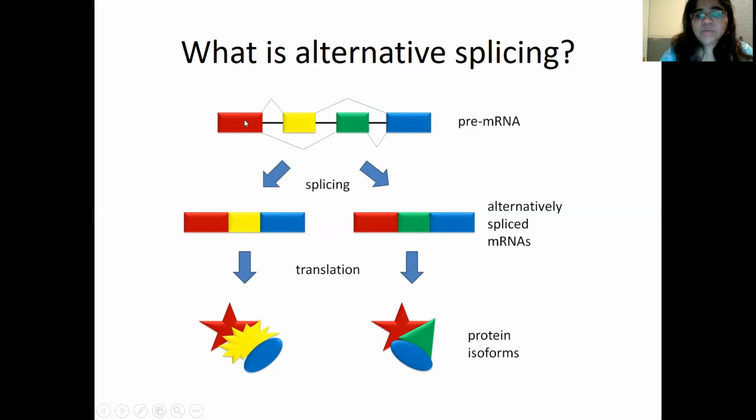When you do red, skip over yellow, go to green, and then blue, you get this guy. So that is how you would splice these different mRNAs. And these alternatively spliced mRNAs cause different protein isoforms. We will talk more about how all of that works with proteins in our translation session next time, okay?